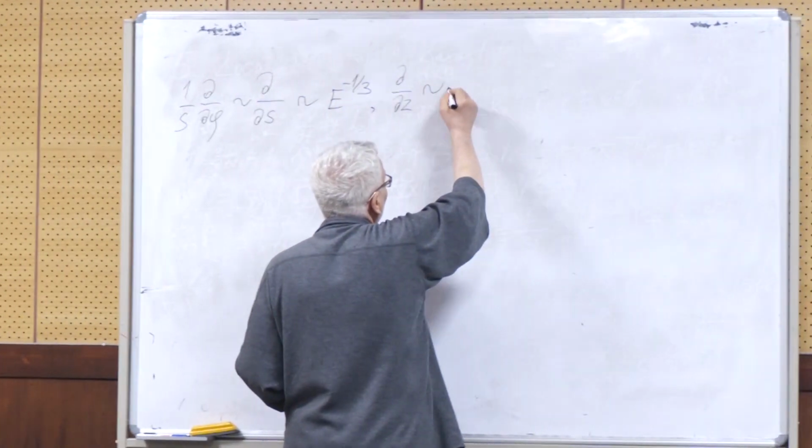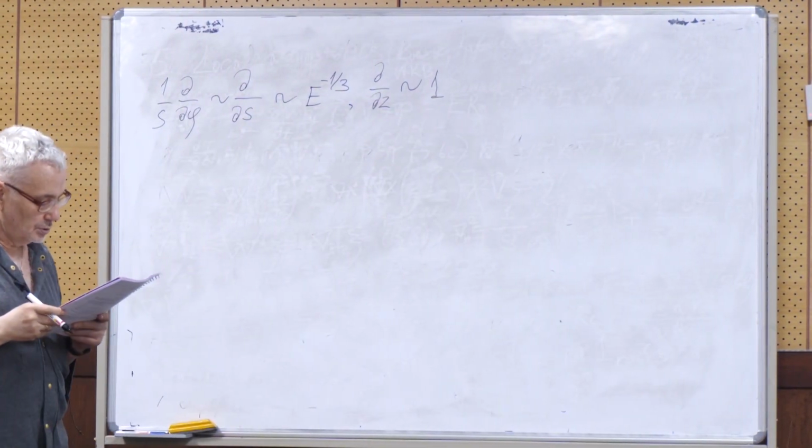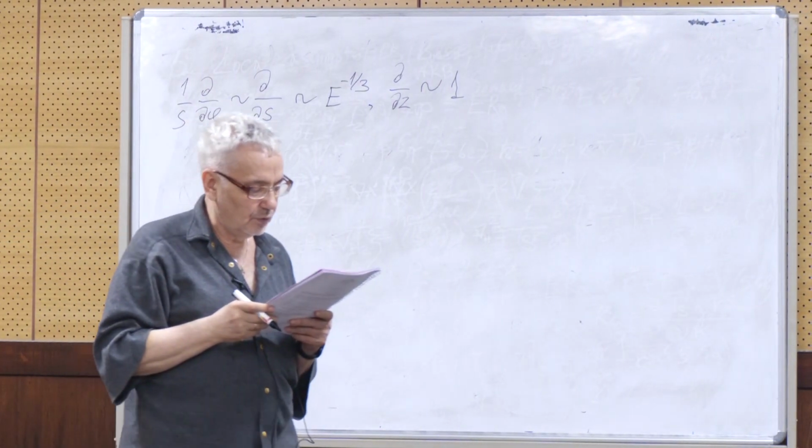So they are elongated like that, but in this direction there is some concentration. So this is actually quite natural that the scale here is E to the 1/3. Okay, we considered that. This is the general view.